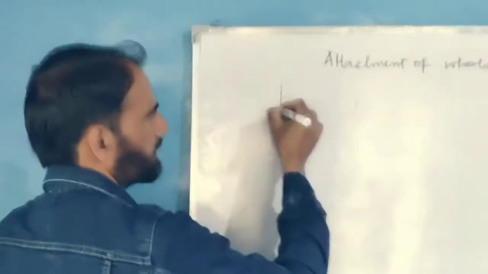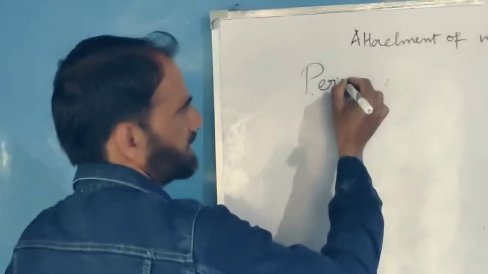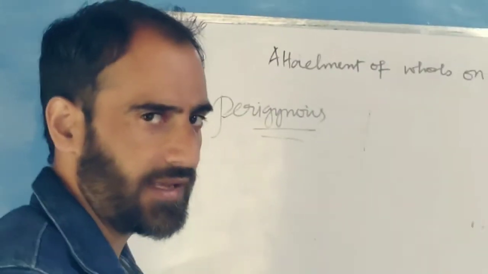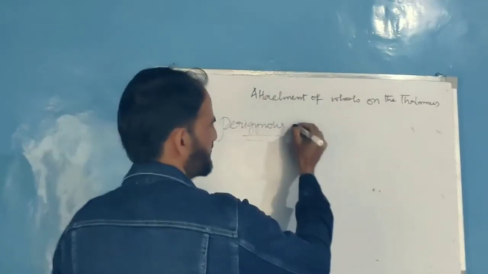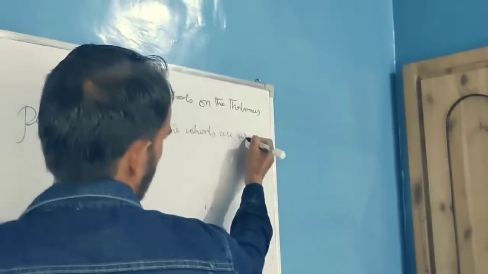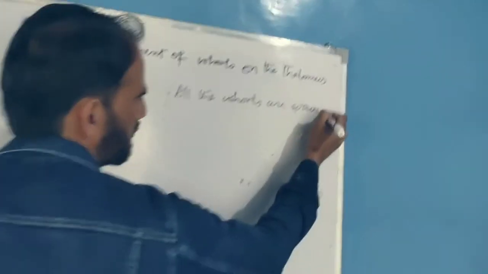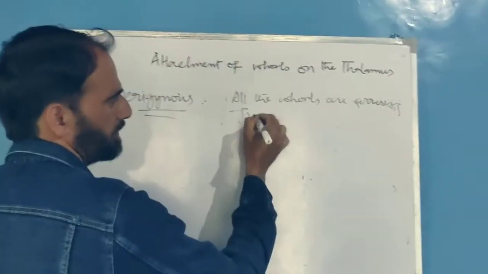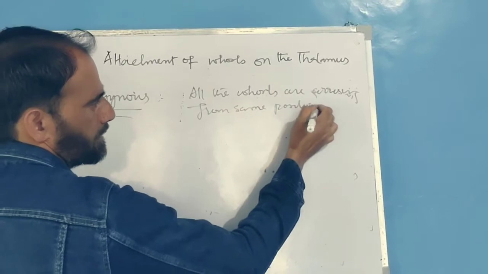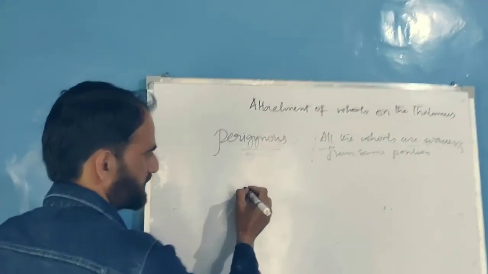The other type is called perigynous. Perigynous is the condition when all the whorls are arising from the same position. It has further been classified into different conditions like this.